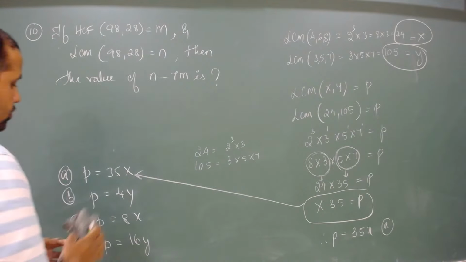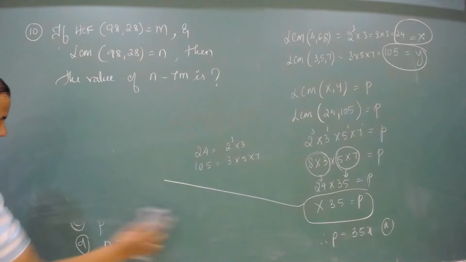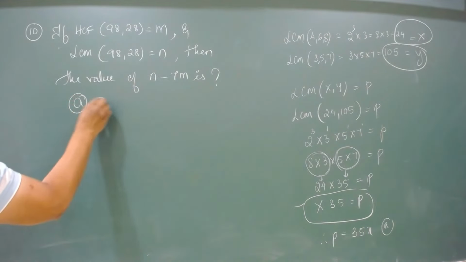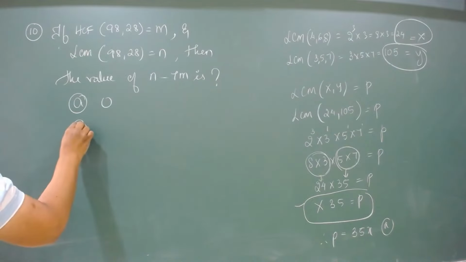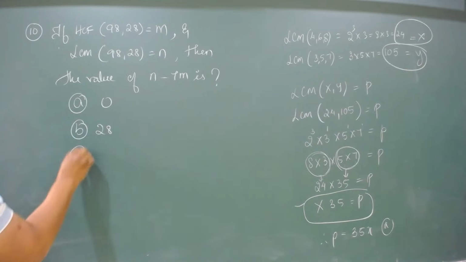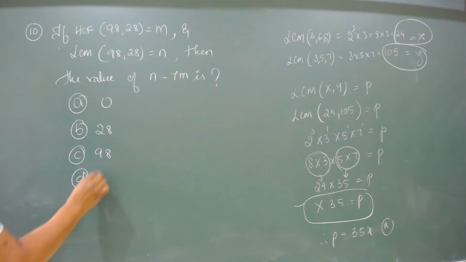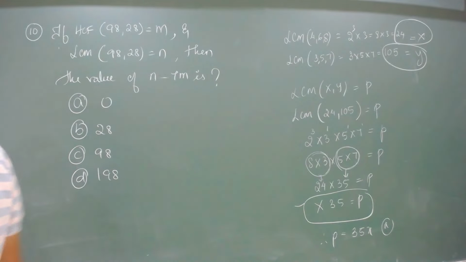Again, they have given us 4 options. I'll write the options: 0, 28, 98, 19. Now first we have to find out the HCF of 98 and 28.